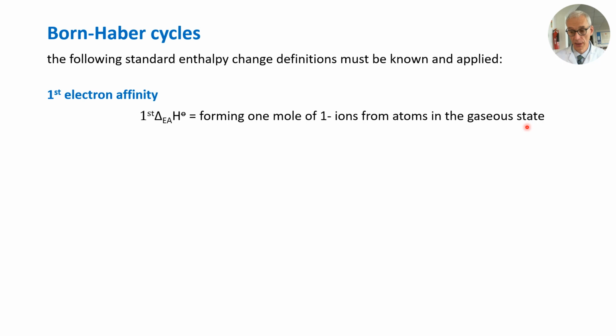So it mirrors the first ionization energy, except we're forming 1 negative ions from the atoms in the gaseous state. If that is the case, can you write an equation to express the idea of the first electron affinity for chlorine? Pause, write that equation.